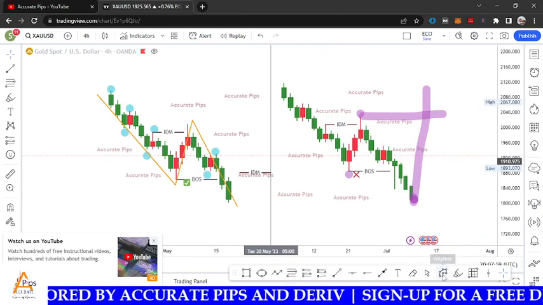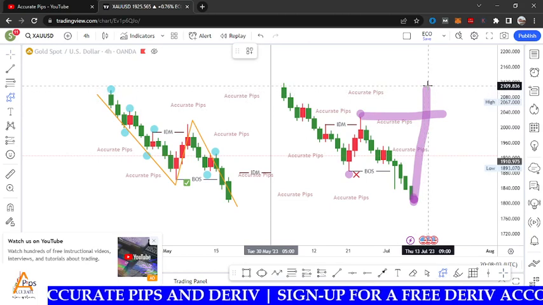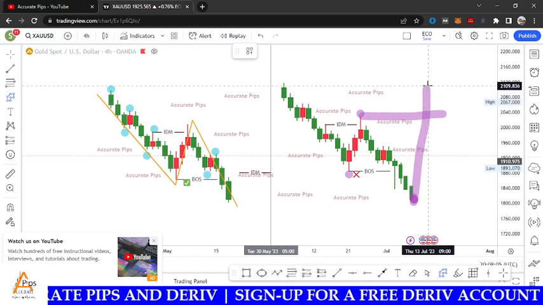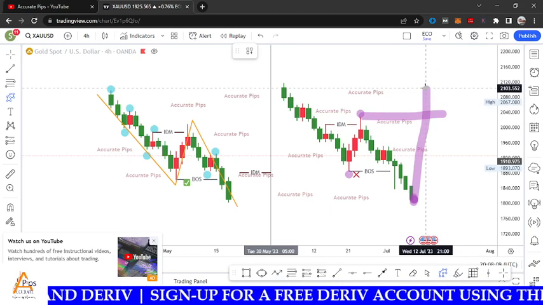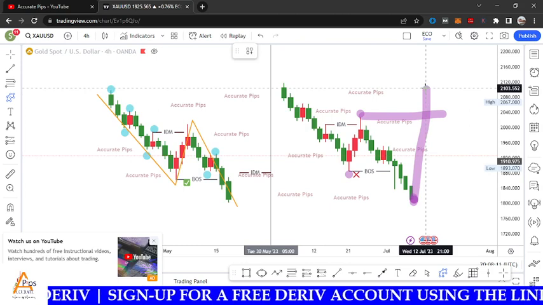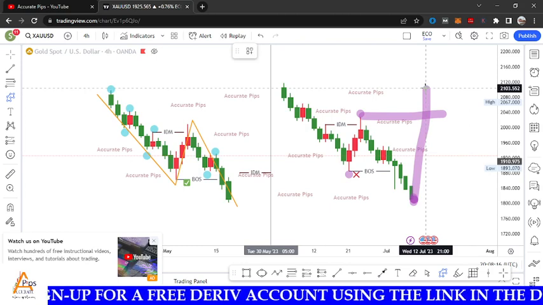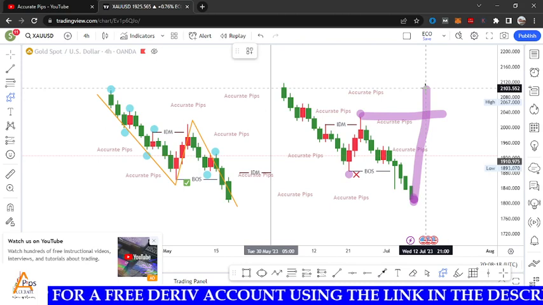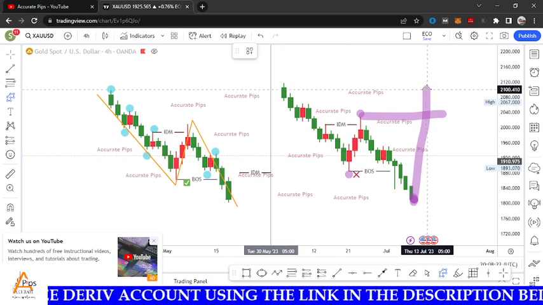So once this happens, then we begin. It is not yet confirmed that we have changed direction, but it is giving an idea that we are about to change direction. So maybe if you were looking for sales, it means that right now you should prepare yourself to get the confirmation and start looking for buys in the market.